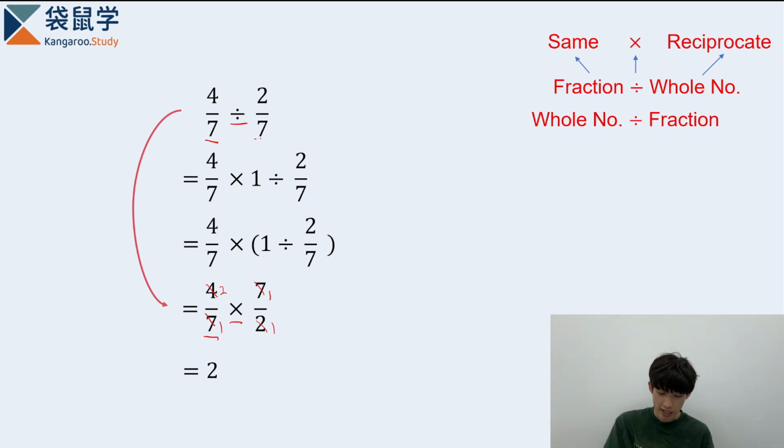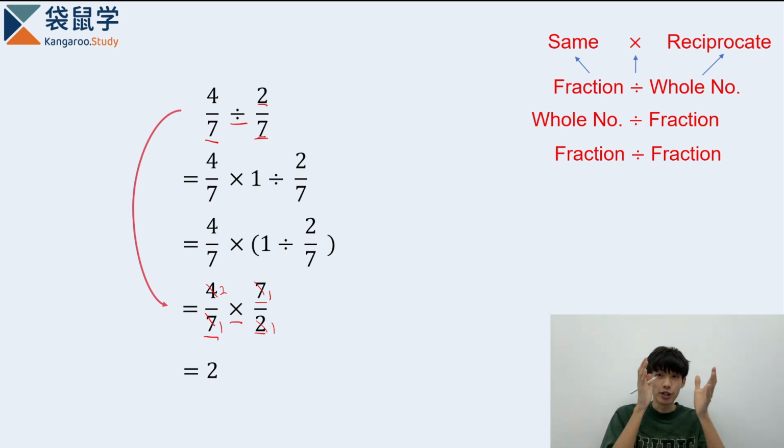And for the fraction 2 over 7, the numerator 2 became the denominator, and the denominator 7 became the numerator. So this process is called what? The reciprocal. So still, for a fraction divided by a fraction, we can also use the same times reciprocal. So repeat with me, same times reciprocal.